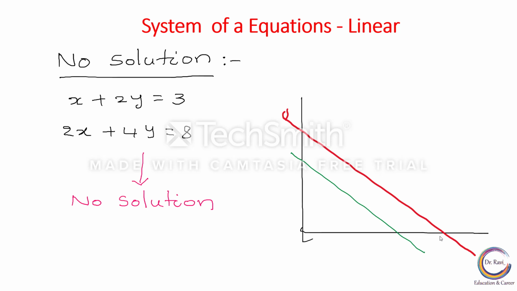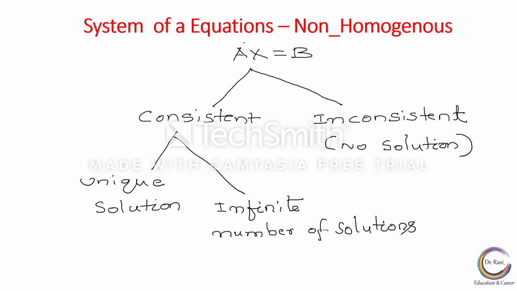So now we had three types of discussion. If the system has a solution, it may be a unique solution or it may be an infinite number of solutions. The other one is the system having no solution, that is inconsistent. Now we will take the non-homogeneous system, which is whatever we discussed.